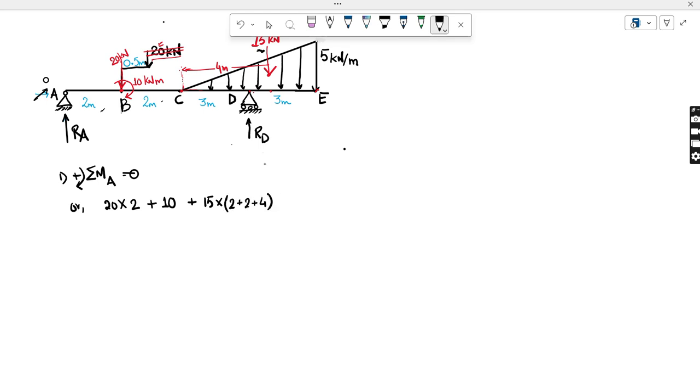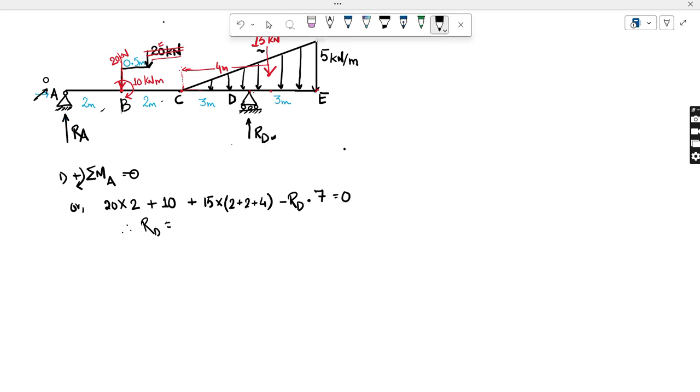Now this RD support reaction will also produce a moment at A, but that will be anti-clockwise. So minus RD into distance, which will be 3 meter plus 2 plus 2, that is 7, equals to 0. If you go on solving, you will find the RD.